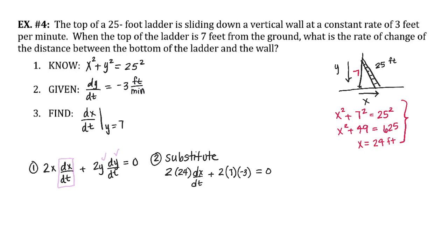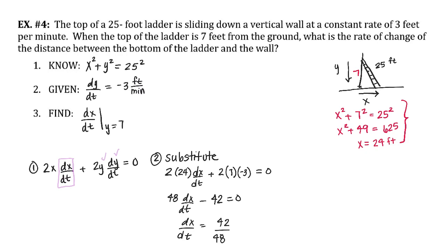Alright, so let's see what we have here. 2 times 24, 48 dx/dt. That's going to give us minus, 6 times 7, 42 equals 0. And so very quickly from here we can solve this. We're going to have dx/dt equal to 42 over 48.